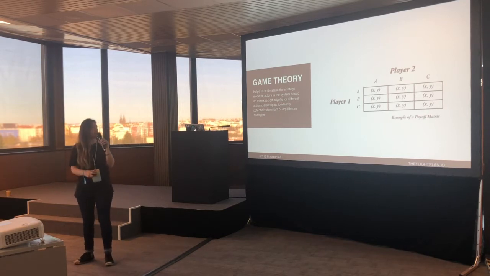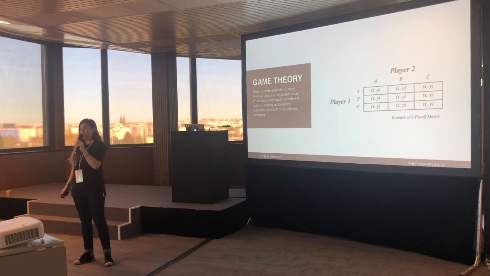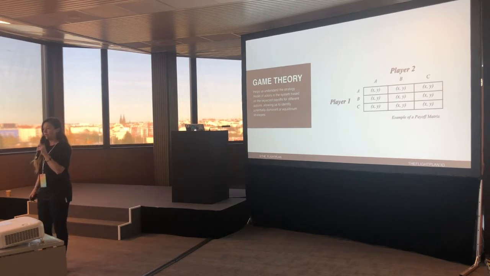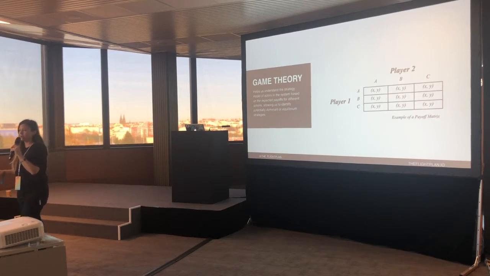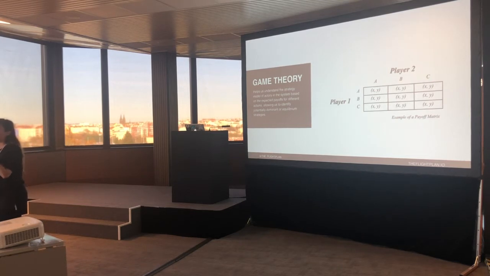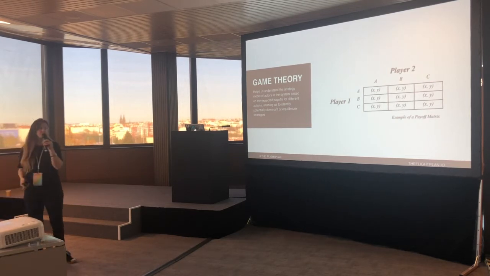We've got the different players of the game, or the different actors, and we're able to see, based on what kinds of strategies they might take, what might be the payoff. And once we get a view of how the game plays out, we can start to understand what the dominant strategies are, or what kind of equilibrium is reached in the game. You might have heard the term zero-sum game. There are all these different types of games.